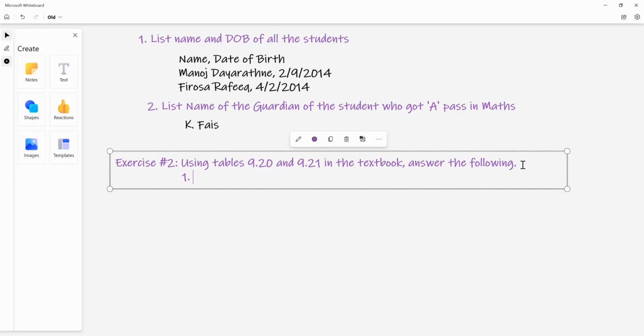First one, name and date of birth of the students.